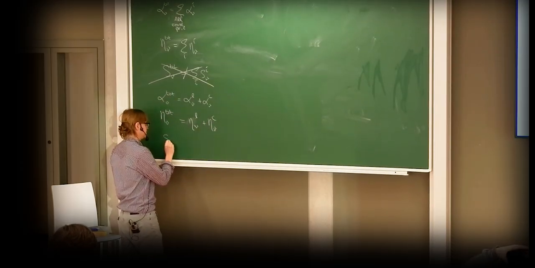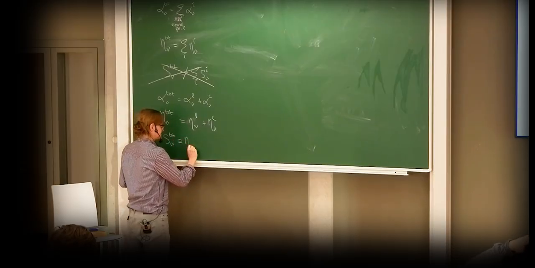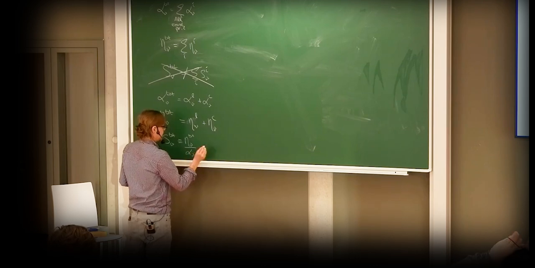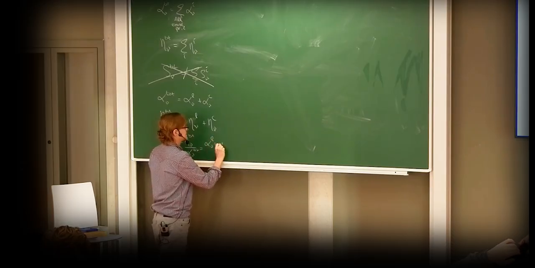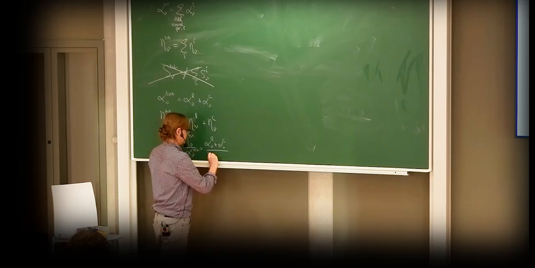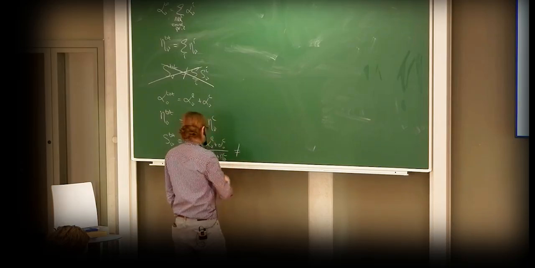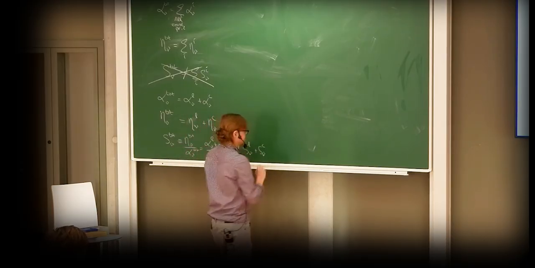But by definition, the total source function is the total emission divided by the total absorption. So in this case, this is eta nu line plus eta nu continuum, divided by alpha nu line plus alpha nu continuum. And this is thus not equal to S nu line plus S nu continuum.